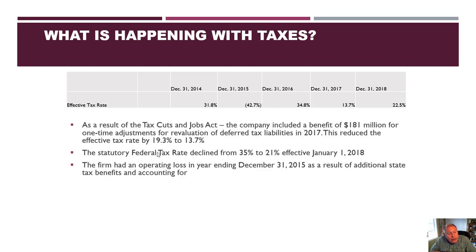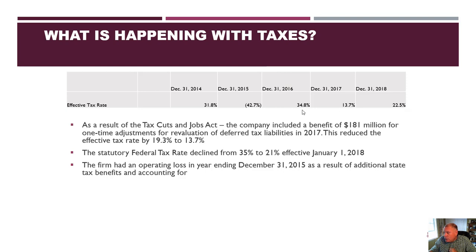That reduced the effective tax rate by 19.3 to 13.7. And then going forward, the federal tax rate declined the statutory from 35 to 21 in January of 2018. So that's what was happening here.